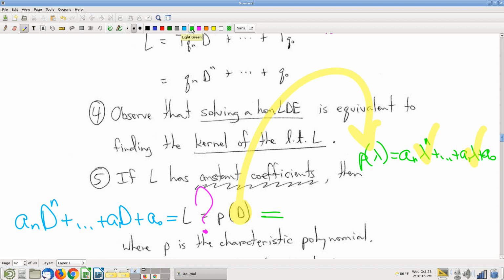Therefore P of D is a_n D to the n plus etc. plus a_1 D plus a_0. And so, yep, weirdly enough, totally works.